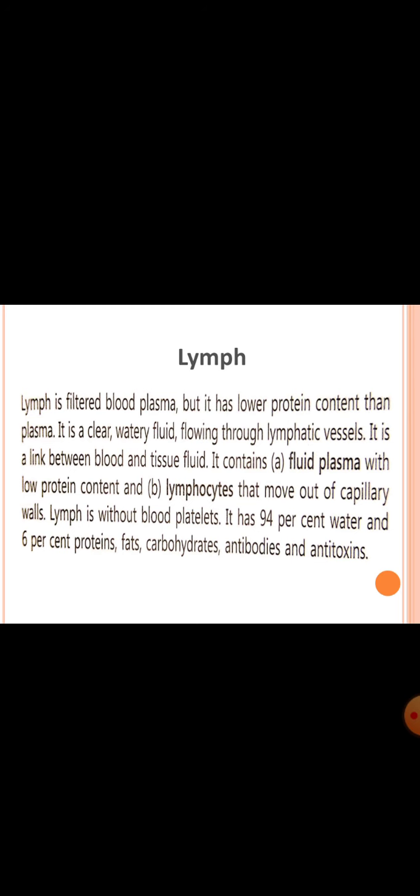First of all, lymph. Lymph is filtered blood plasma, but it has lower protein content than plasma. It is a clear watery fluid flowing through lymphatic vessels. It is a link between blood and tissue fluid, and it contains fluid plasma with low protein content and lymphocytes that move out of the capillary wall.